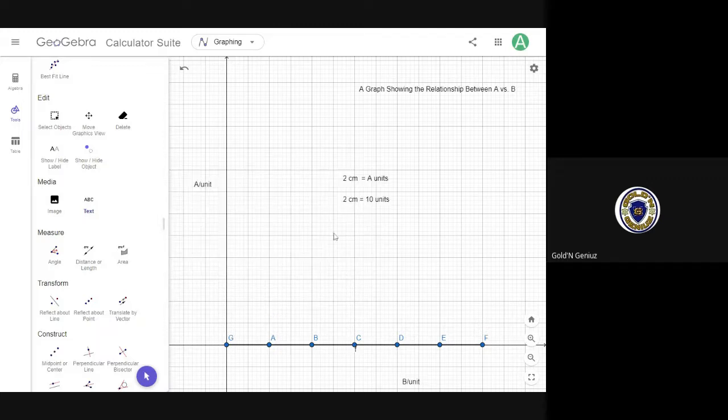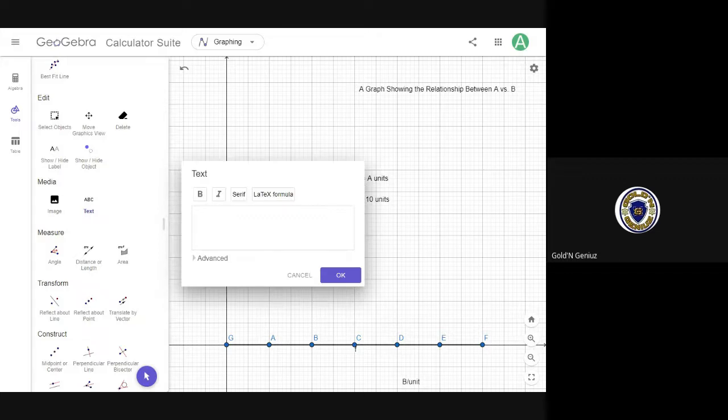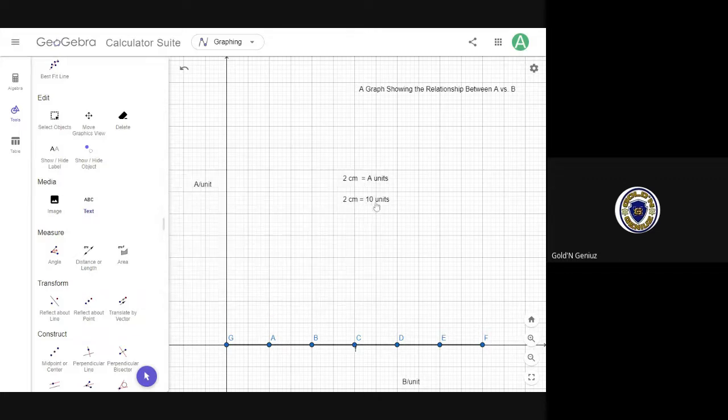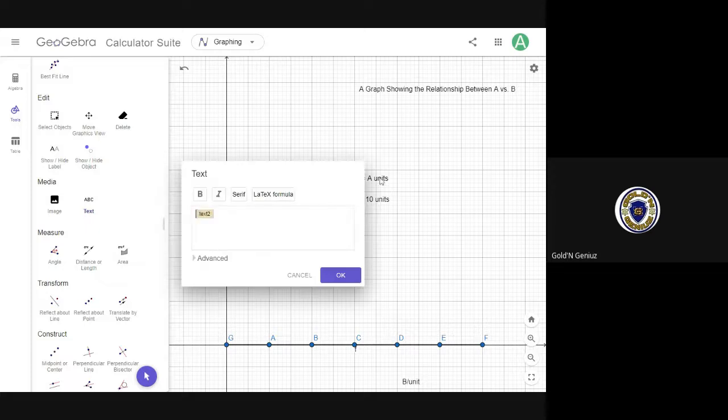Good. That was for analyzing our x-axis.